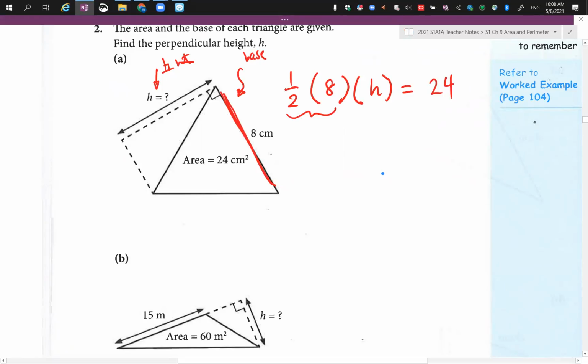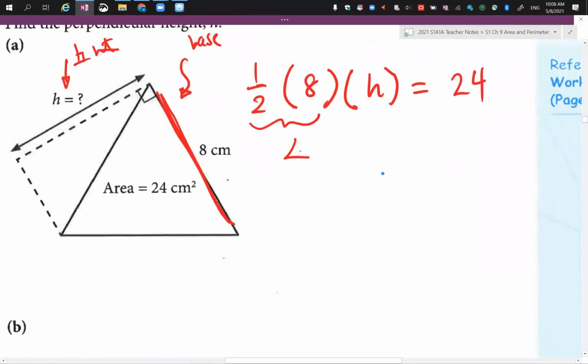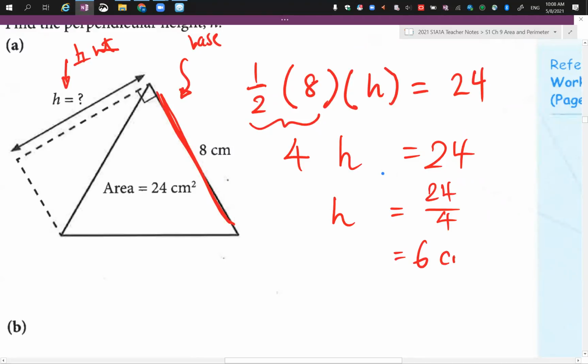Or half times 8? Half times 8, 8 times half, 8 divided by 2, what is it? 4. So 4h equals 24. What will h be? What should we do to both sides? 24 over 4, we get 6 centimeters.